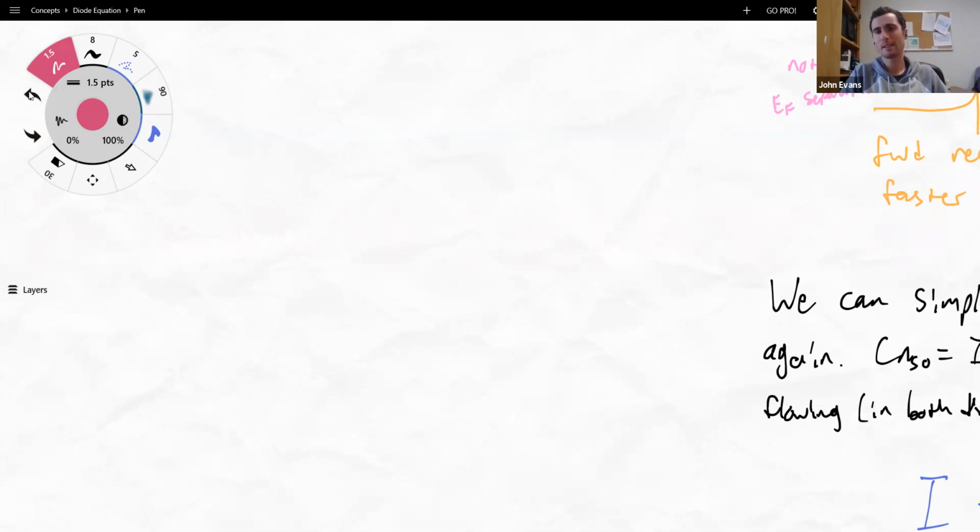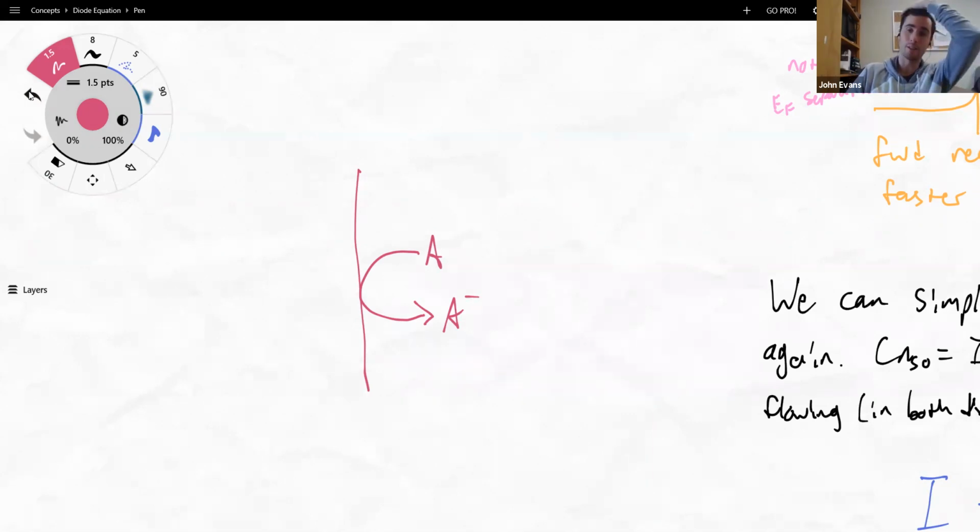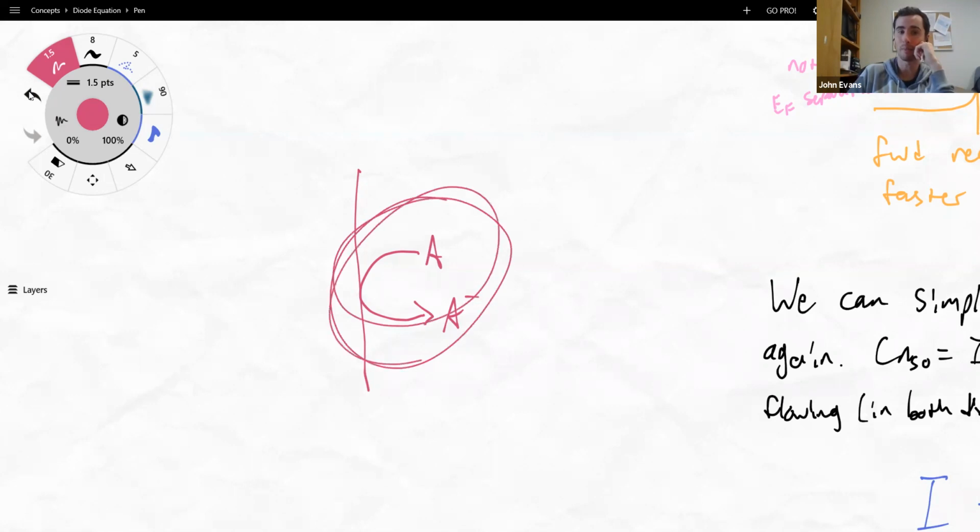It's like asking, if there are reactions going on, how quickly are they happening? Because we know that at the surface there is some rate at which we are turning our A into A minus, but we don't know what that rate is necessarily. That's what I naught is. That is our exchange current density. That tells you how fast this is happening at equilibrium.